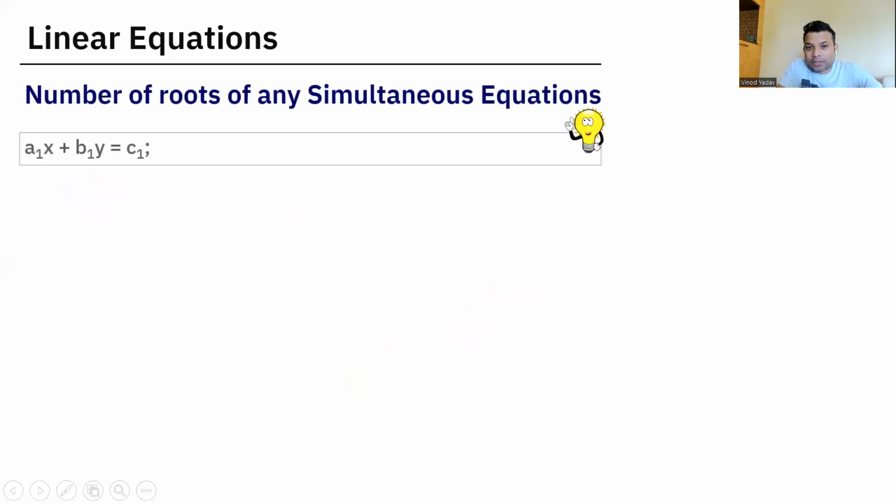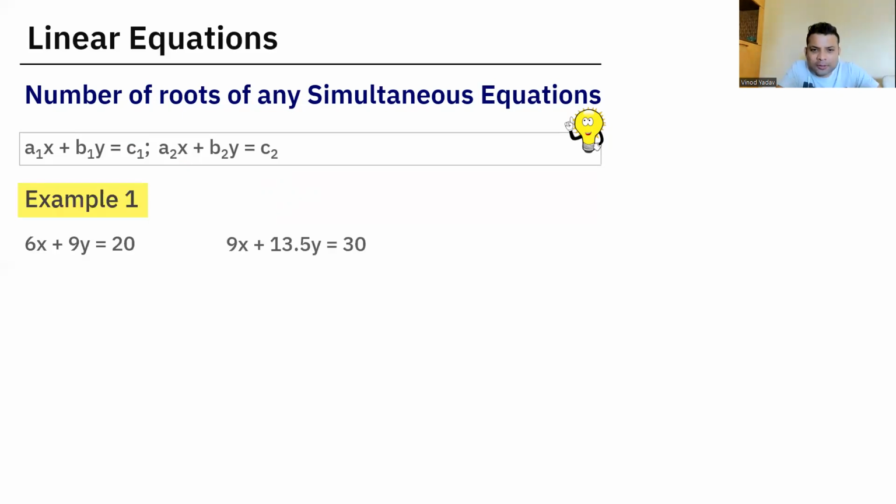Now one more interesting concept. Sometime back I was telling you, if the lines are not parallel, if they are not overlapping, that is if they are intersecting at one point only, then we have a unique solution. So how do I know whether the lines are parallel or overlapping or intersecting? And if you see carefully, these are the only three cases, isn't it? Now check this.